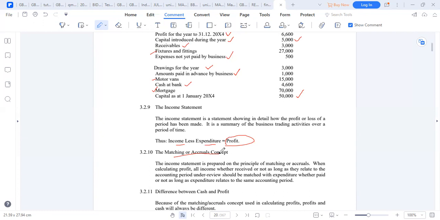What this simply means is, if you haven't paid wages but you've enjoyed the work, you need to add accruals. If you were supposed to pay 10,000 and didn't, charge it for that period, because they worked for you. However, if you paid electricity for the following year, you need to subtract it because you have not yet enjoyed that electricity. That is what the accruals concept talks about. So you need to take note of that.